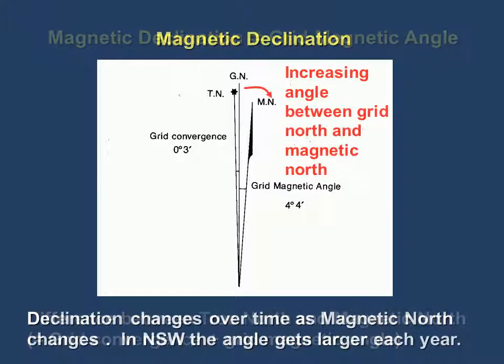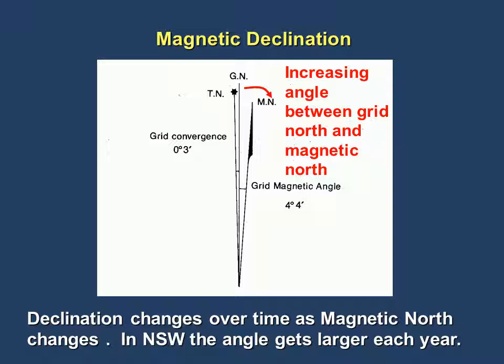Now, what we also know is that because the magnetic pole wanders or varies in position from one year to the next, and certainly over hundreds of years, there'll be a change in that grid magnetic angle and a change obviously in the declination as well. So what we see is that declination will change over time.